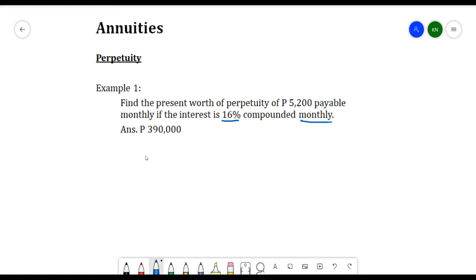So again, we have 5,200 payable monthly, so 5,200 is our A. And we have the interest of 16%, so that is 0.16. But as you can see, it is compounded monthly, so we need to divide that by 12.